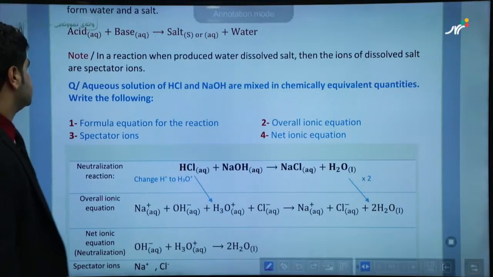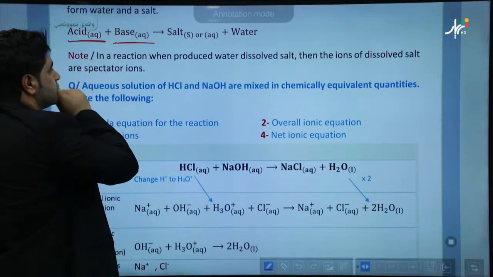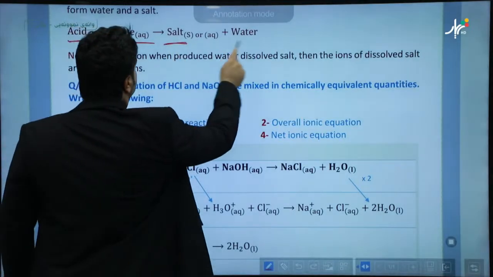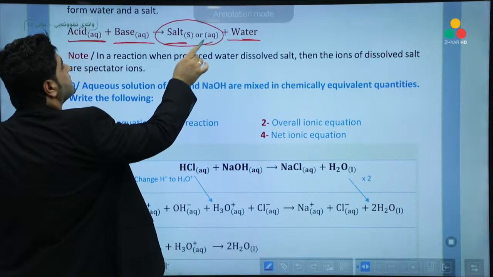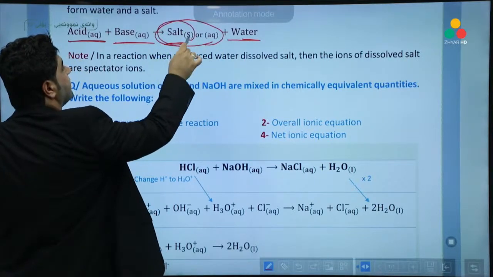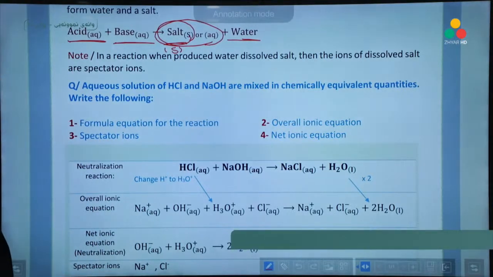Let's take a look at this. When we have acid plus base producing salt and water, that salt could be water soluble or water insoluble, which is a precipitate. We use a symbol for it that came from the salt.